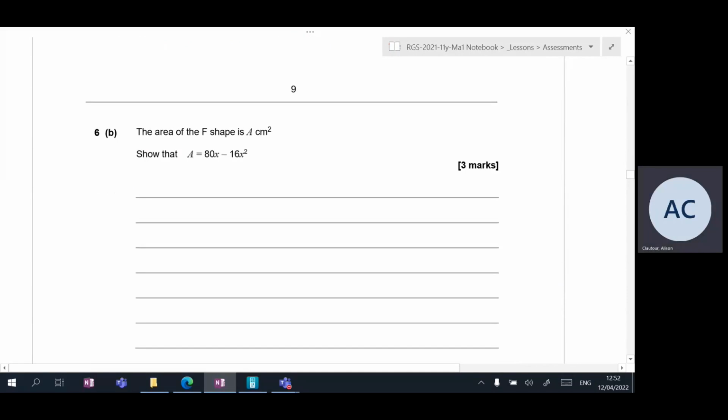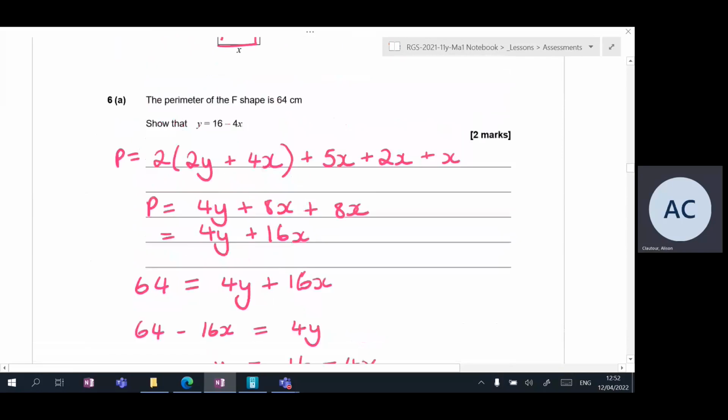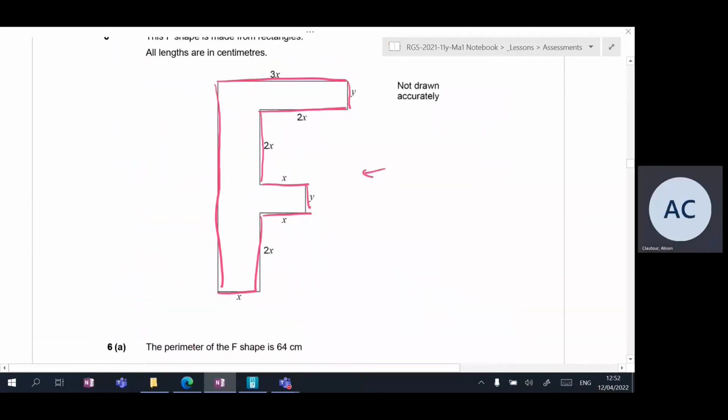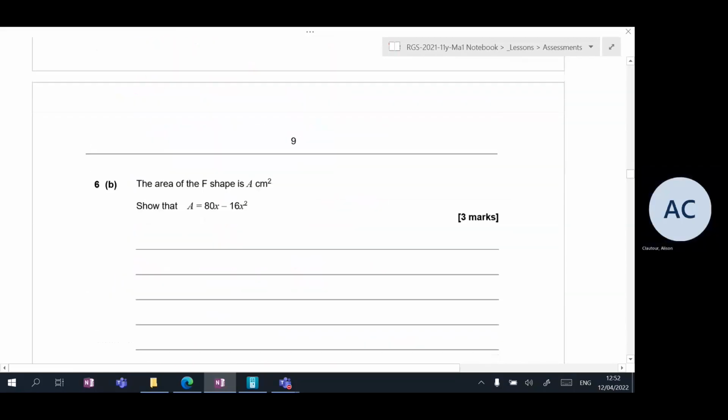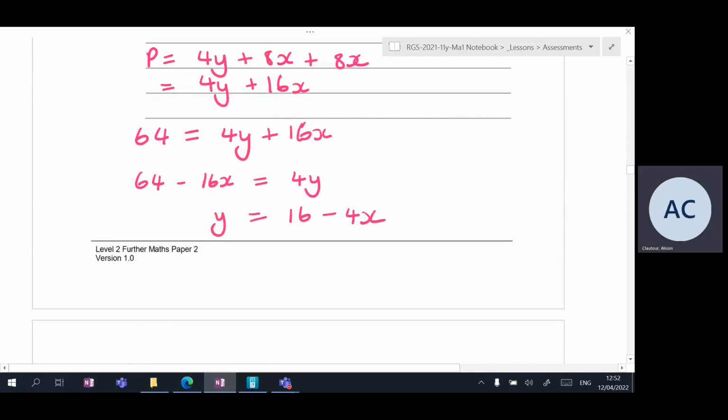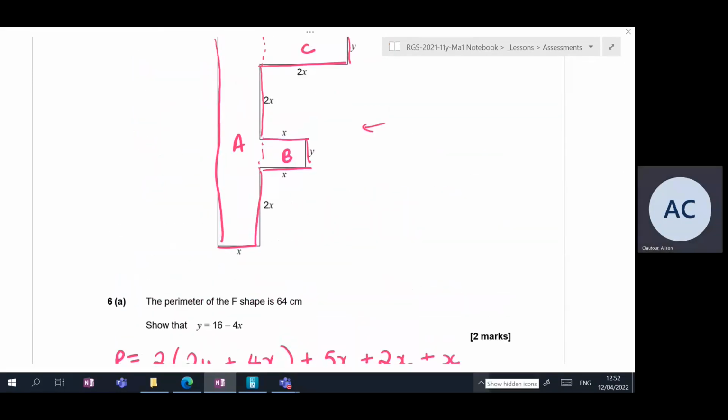This time we've got an expression for area. So we want to show that the area is that. So think about the easiest way to find area is probably, I'm going to chop it here. So you've got rectangle A, rectangle B, and rectangle C. So for rectangle A, remember the whole length was 2y plus 4x. So we want to multiply that by the x at the bottom.